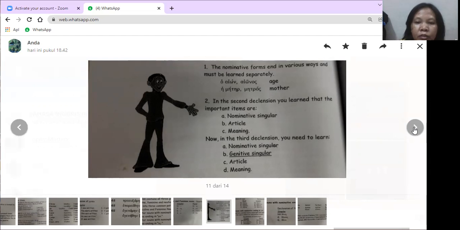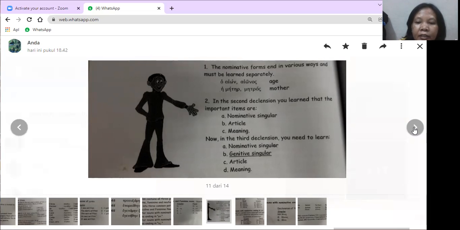As I told you in the first, the nominative form ends in various ways and must be learned specifically. Ho aion, aionos. He meter, metros.